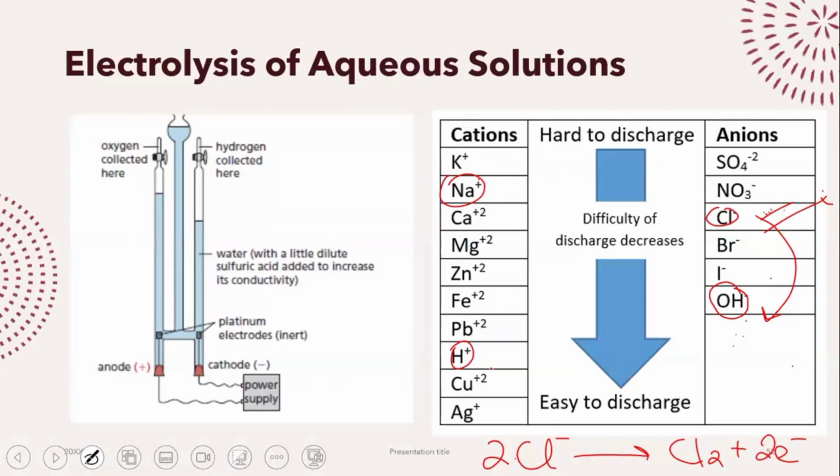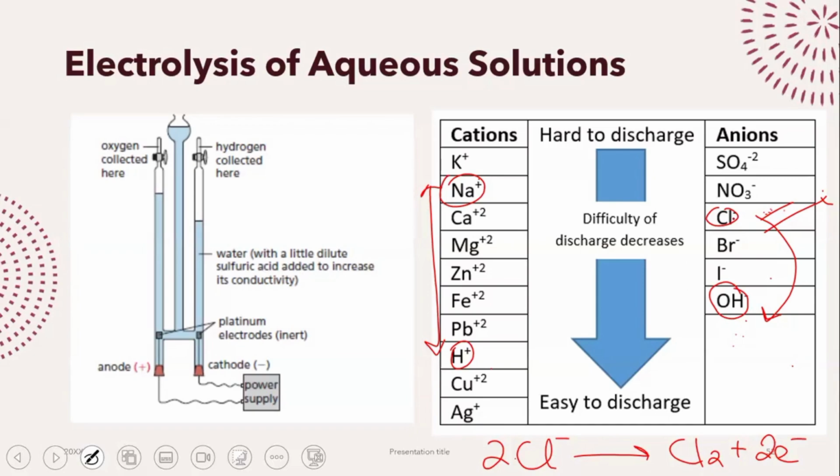The reason is because the difference between sodium and hydrogen is too much. The concentration of sodium, yes, you would be right if you said it. Sodium is going to be very high in concentration. But the concentration of sodium is not high enough to overcome the difference. The difference in reactivity is just too much.